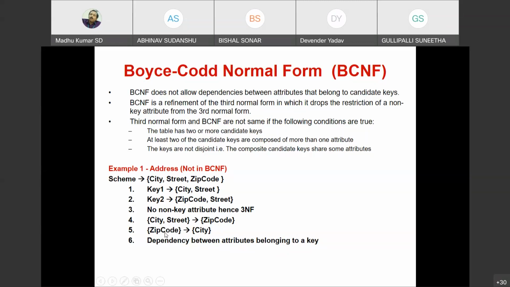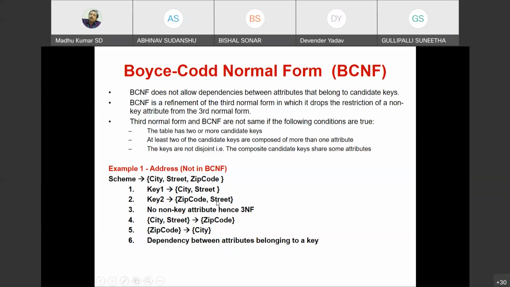When you specify the pin code, you can find out the city. So what is happening is, even though the relation is in third normal form, there is a lot of redundancy, and it is due to the fact that for the second key, zip code determines city.